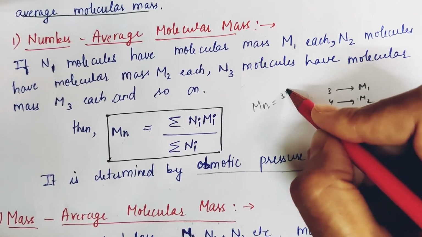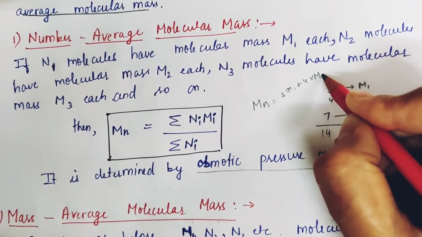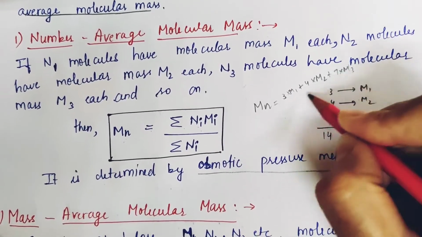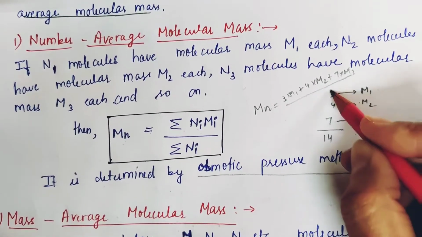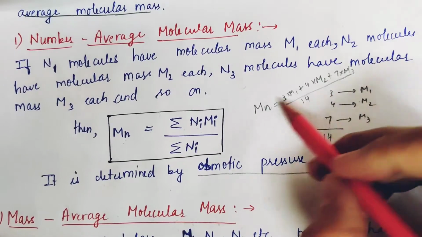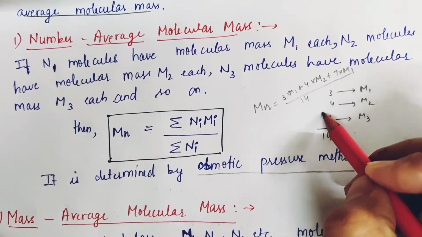So 3 into M1 plus 4 into M2 plus 7 into M3 divided by summation of all the chains, that will be 14. So this is the way of finding number average molecular mass.